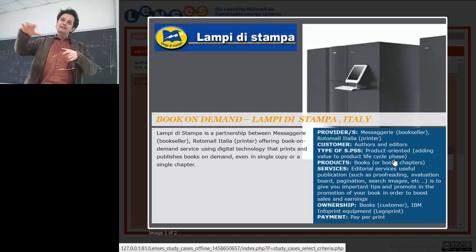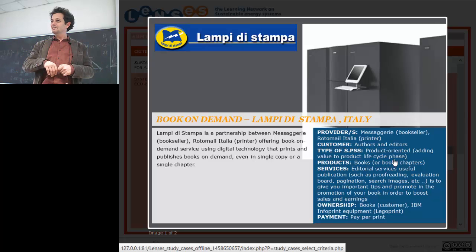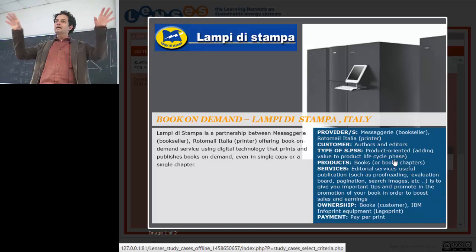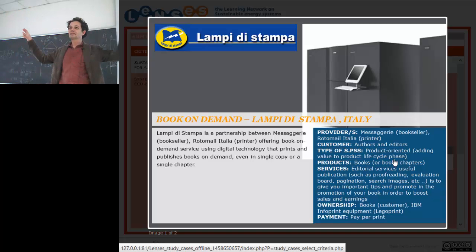You have to produce some plates to print. You avoid lots of stuff by digitalizing the system. And nowadays, the quality of digital printing is getting very, very close to offset print. There is not really such a big difference. But again, the partnership in this case between the printer and the bookseller is interesting.